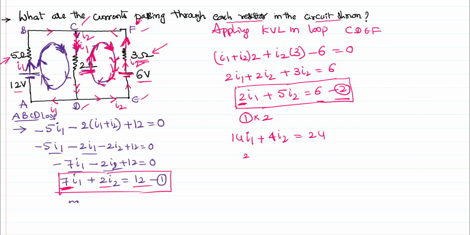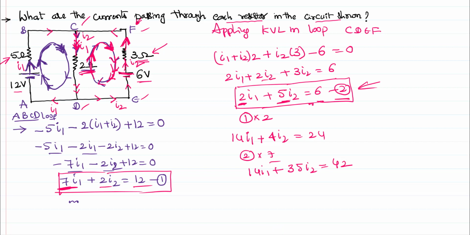Similarly, equation number 2 multiplied by 7. 2 into 7, 14I1, and 7 into 5, 35I2, equal to 6 into 7, 42.